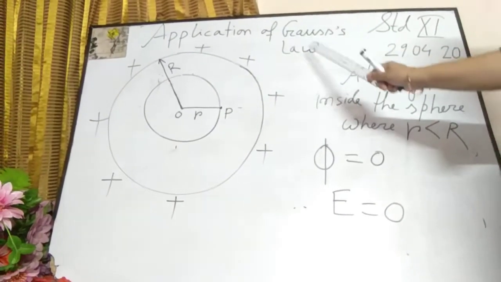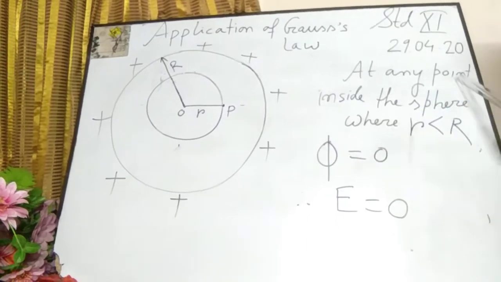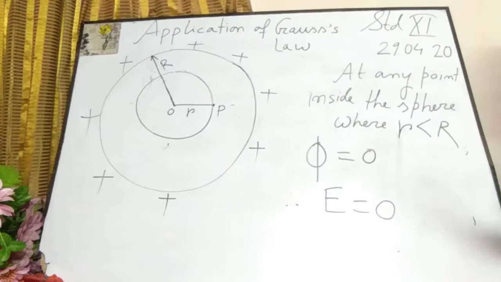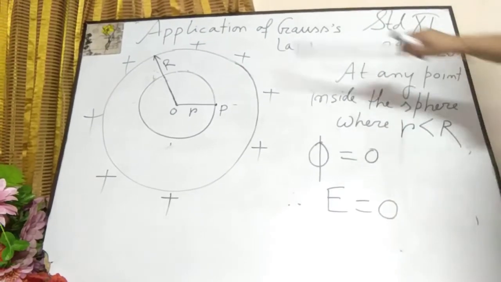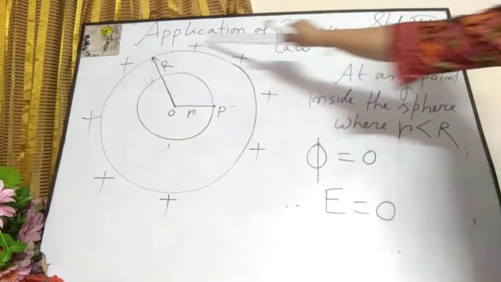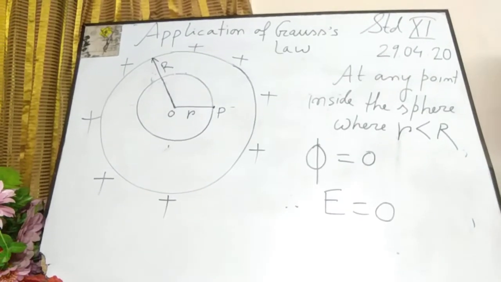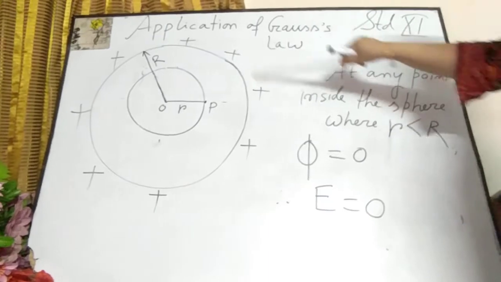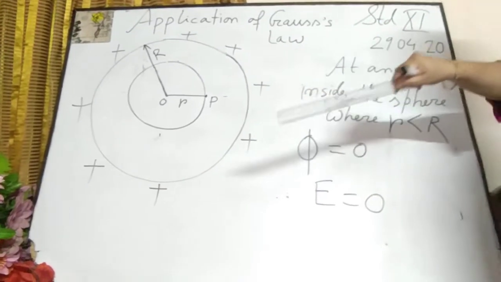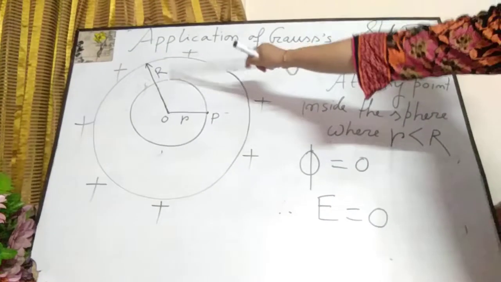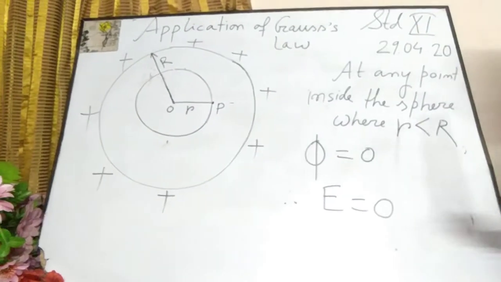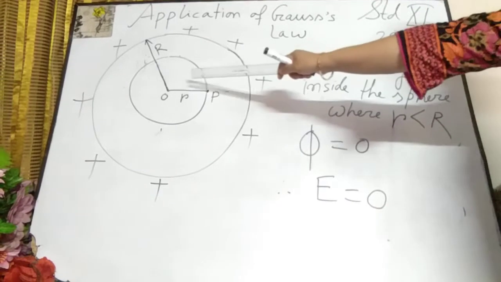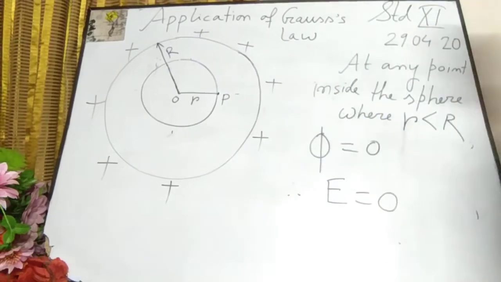I will calculate the electric field intensity at any point inside the sphere where small r is less than capital R. Look everybody, this is that hollow sphere that I have already drawn at first, where I have distributed positive charge on its surface whose radius was capital R. Now I will find out the electric field intensity at a point P, at a distance small r from the center.